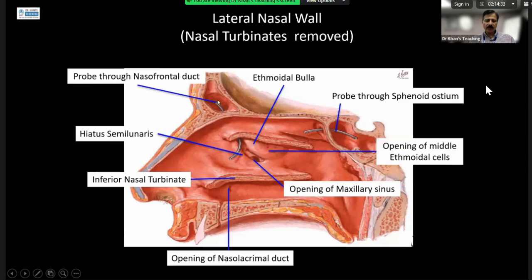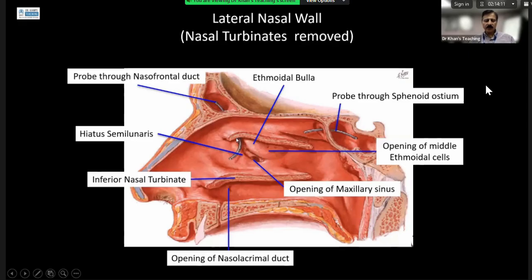Now, the first opening is for the frontal sinus. From the frontal sinus, the secretions go through the nasofrontal duct and ultimately into the hiatus semilunaris, and the hiatus semilunaris opens into the middle meatus, and then the secretions go like this.